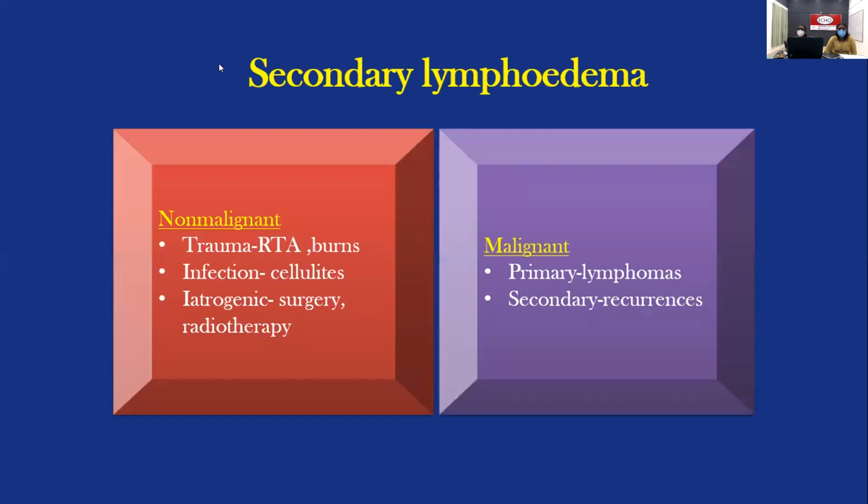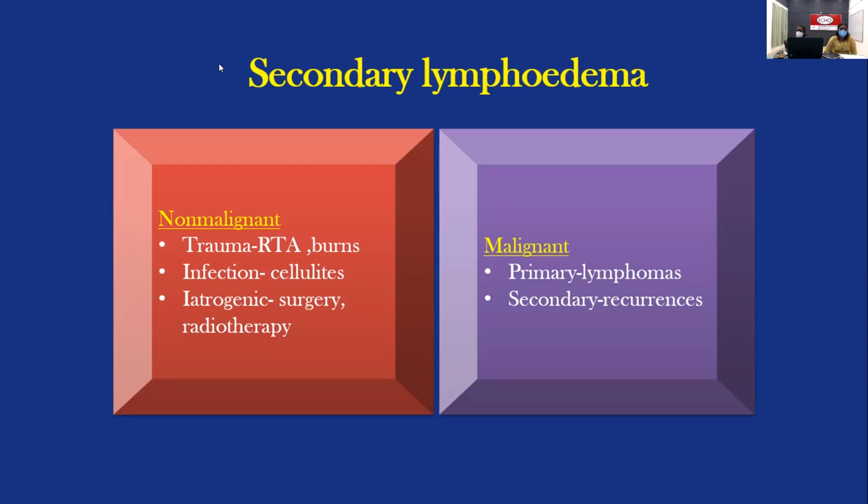Secondary lymphedema is again divided into two: non-malignant and malignant. Non-malignant includes trauma, for example a road traffic accident. If the patient has damage to the major lymph nodes in the groin area or axillary area, there is a chance of lymphedema there.